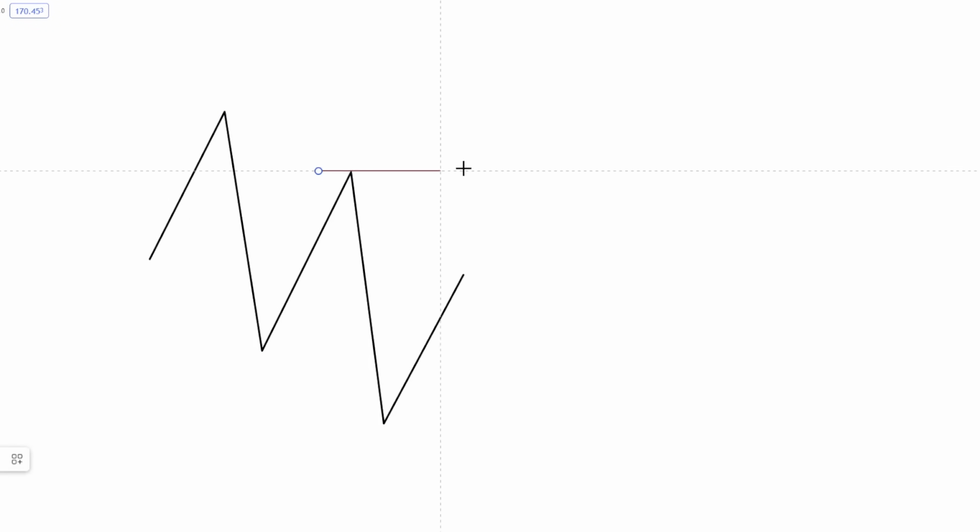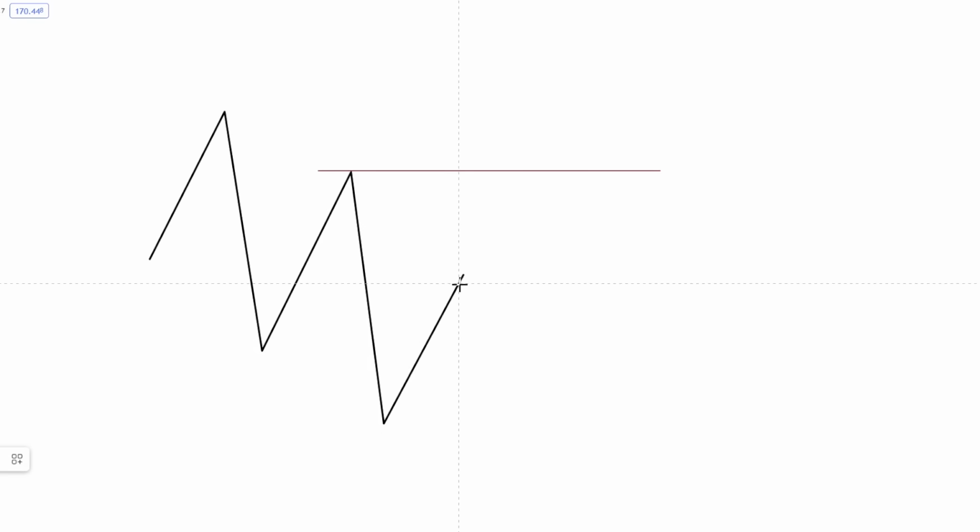So to keep it simple, if you're in a bearish trend, let's use common sense. If you are in a bearish trend and you are targeting this swing high, what do you anticipate to happen here?